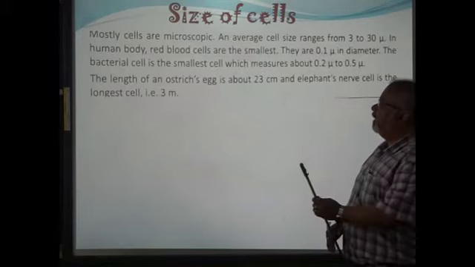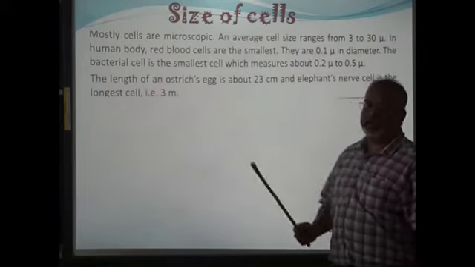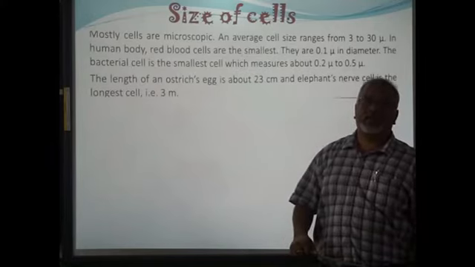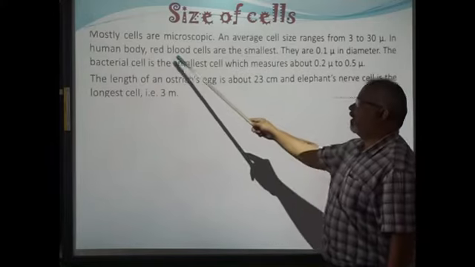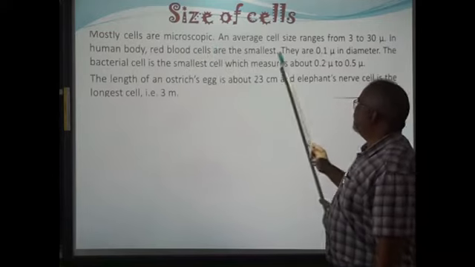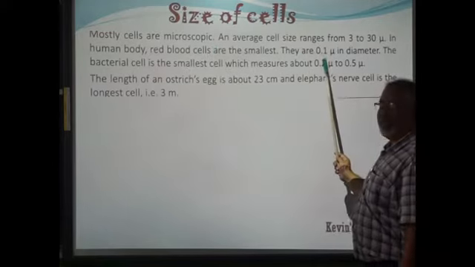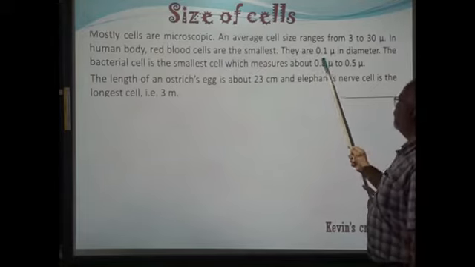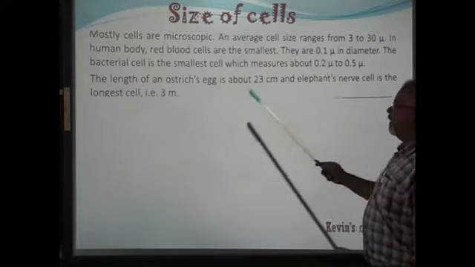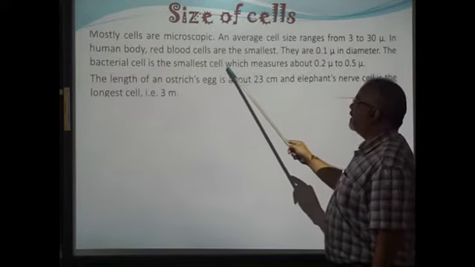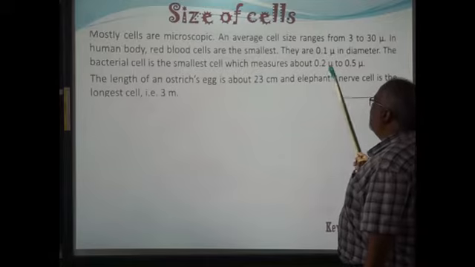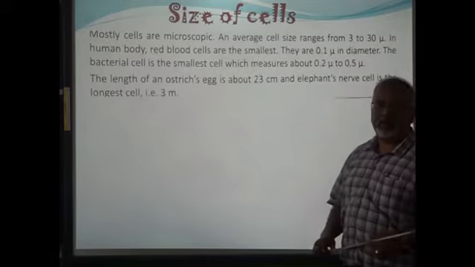In the human body, red blood cells are the smallest. If someone asks you which one is the smallest cell, you can say RBC or red blood cells. They are not even 1 micron, they are less than that, 0.1 micron in diameter. The bacterial cell is also very small, measuring about 0.2 micron to 0.5 micron.